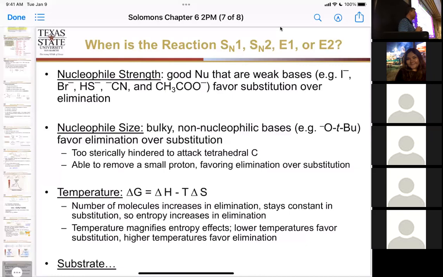Temperature. Turns out that substitution reactions, because they are kinetic, are ruled by the speed of the reaction. But when we talked about acids and bases, those are thermodynamic, right? They have equilibrium, which means that kinetic reactions work faster if they're held at lower temperatures.